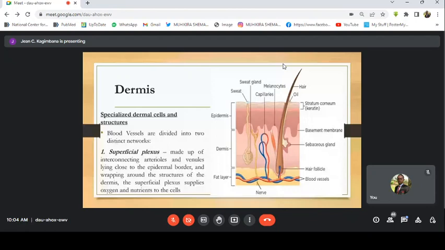We have the first network, the horizontal one, which has the big vessels, and the small vessels, capillaries, that are perpendicular to the horizontal one. And of course, the role is to bring all nutrients to the dermis and epidermis. Okay?